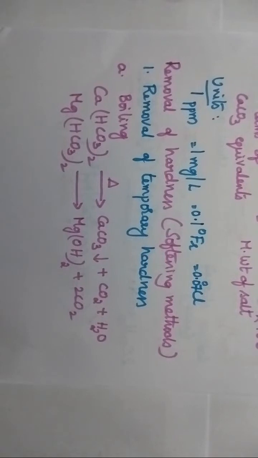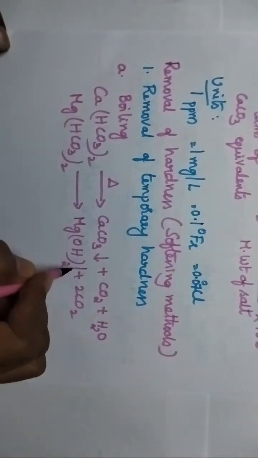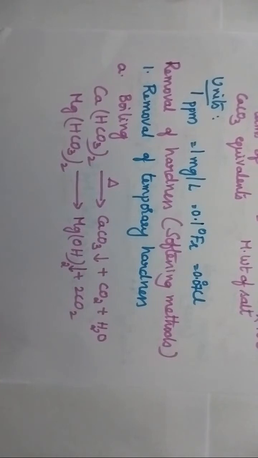So in that way, the calcium salts are precipitated out into calcium carbonate, whereas the magnesium salts are precipitated out into magnesium hydroxide.